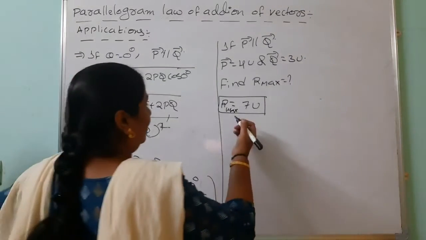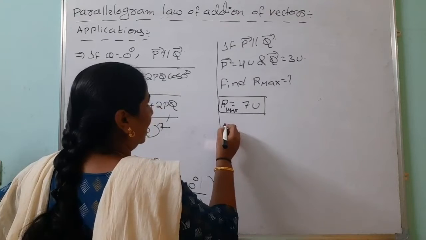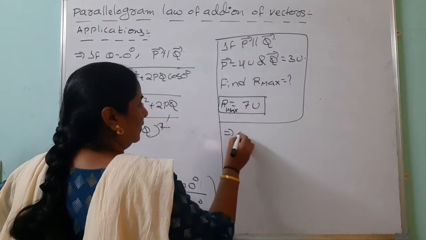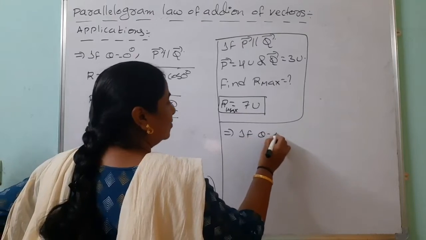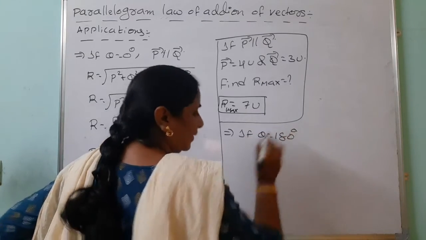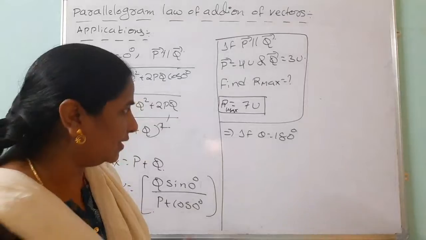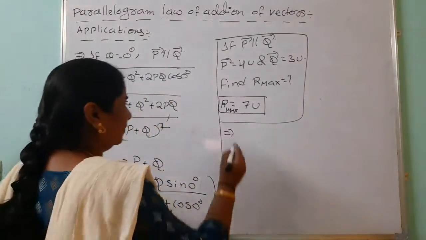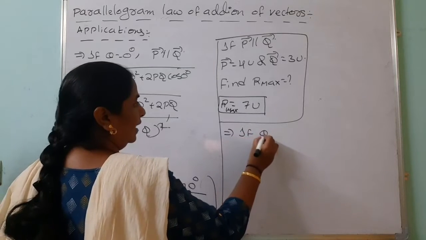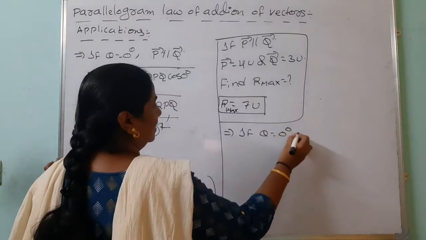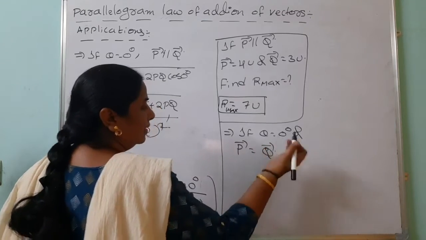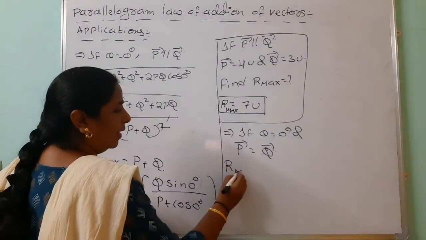Then we go to another application. Look. If theta equals 0 degrees and P bar equals Q bar, both are the same, then how do we find R maximum?